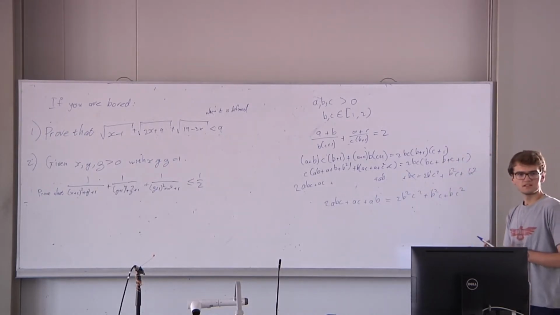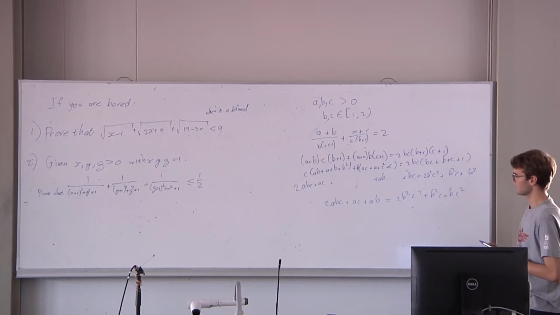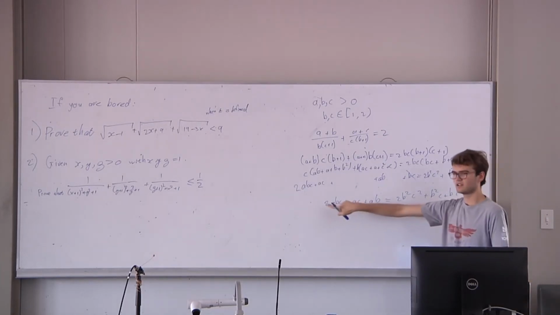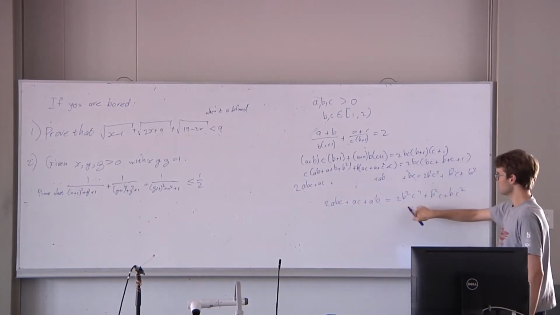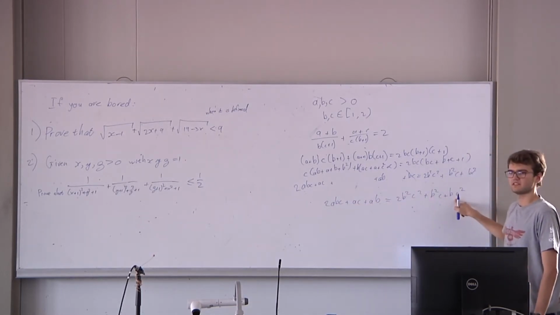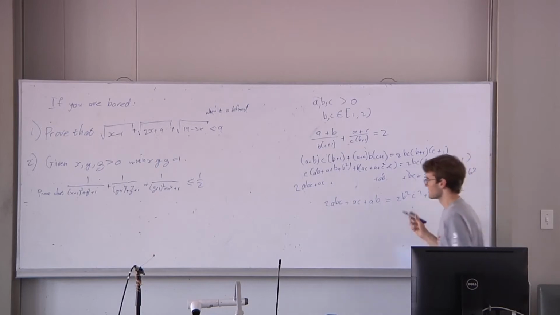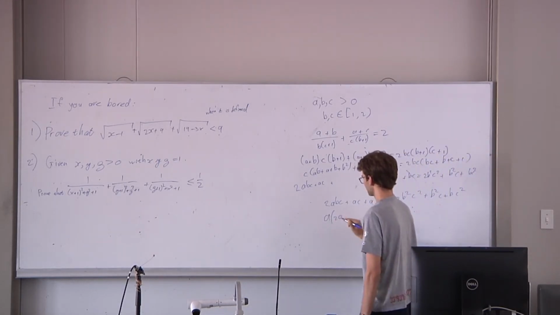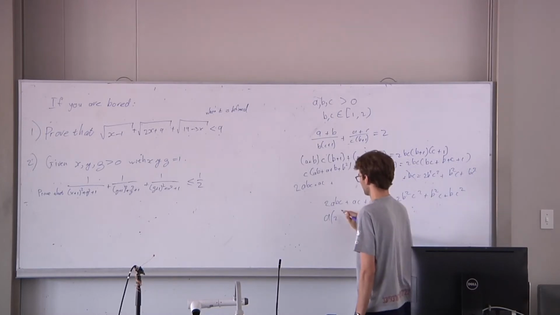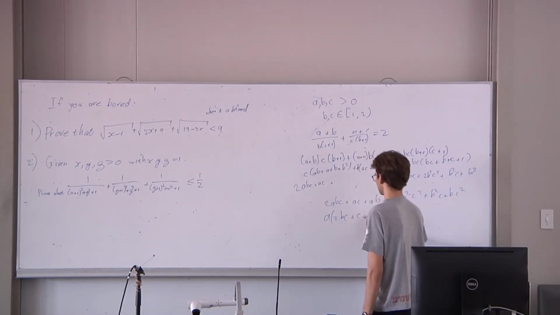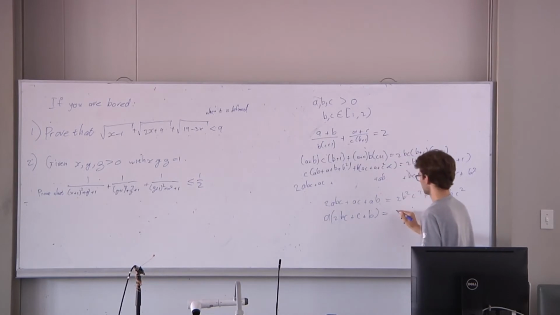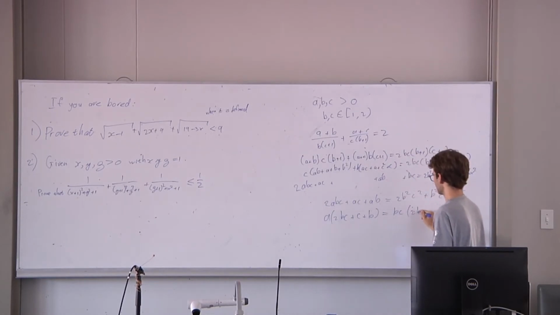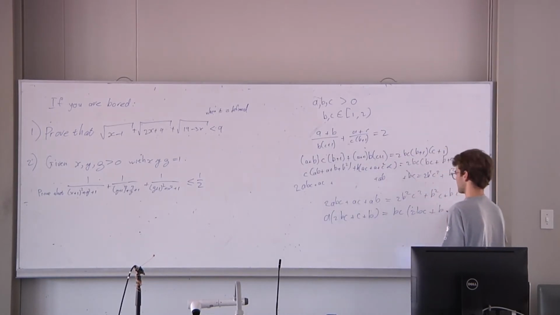Okay, so you get to that, and at this point you notice that on the left you've got an a in every single term, and here each term has a bc in it. So you try to factorize it, see what you get. You get a times 2bc plus c plus b is equal to bc times 2bc plus b plus c.